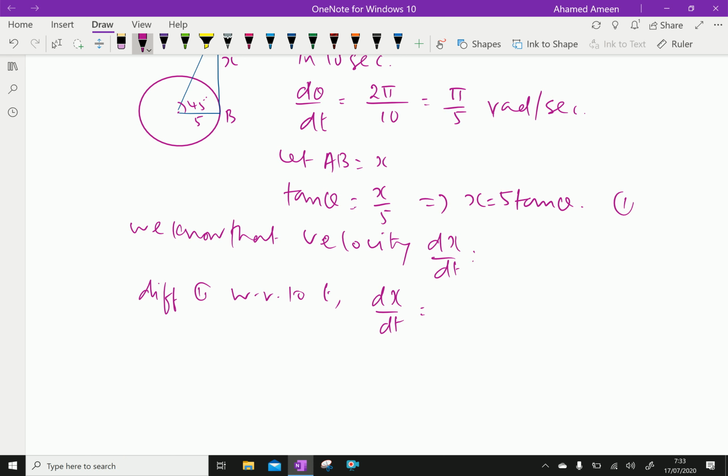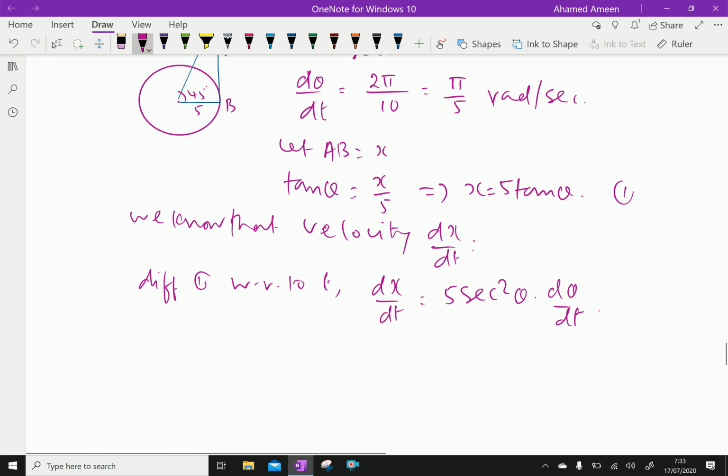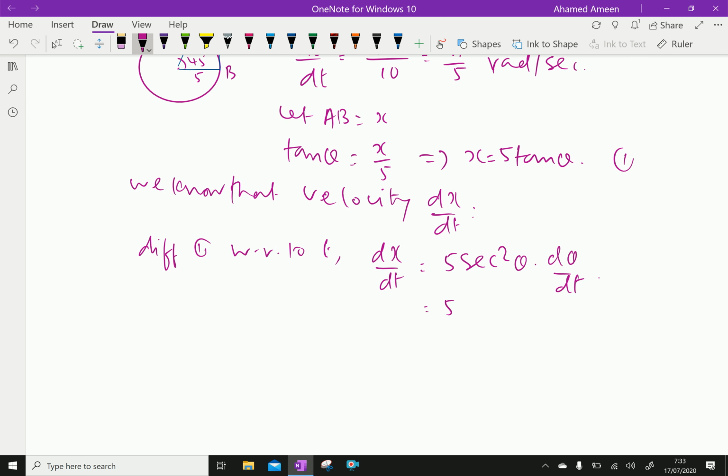So dx by dt equals 5 secant square theta, but it is in terms of theta, and we have to differentiate with respect to time, so into d theta by dt. Now 5 secant square at 45 degrees into d theta by dt, which is pi by 5.